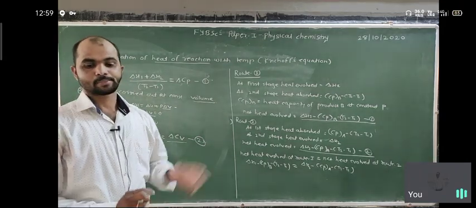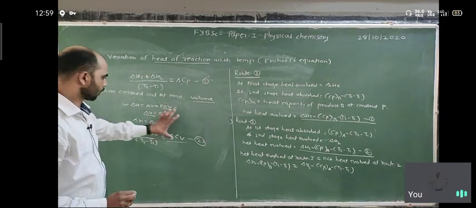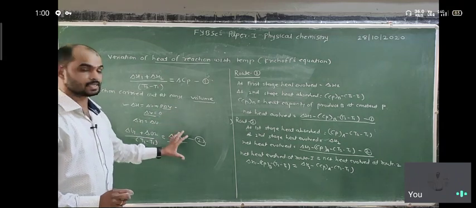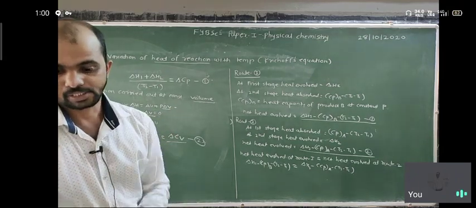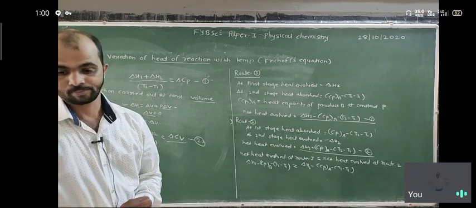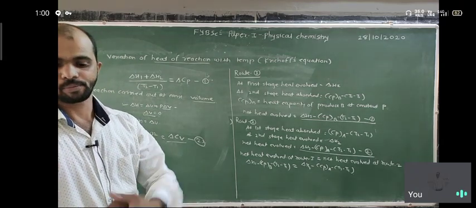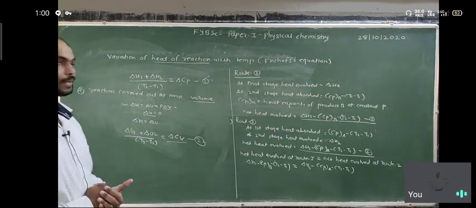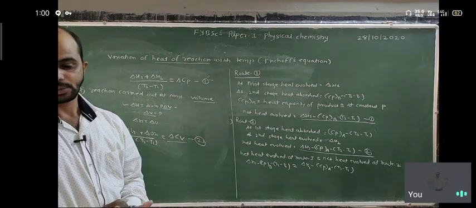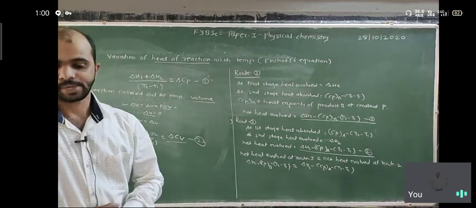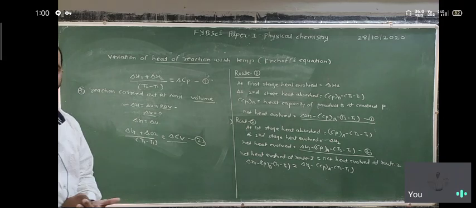So we are going to solve the problems. What is the statement for the second case? In the second case, the change in the heat of reaction at constant volume for every degree of temperature is equal to the change in heat capacities at constant volume.